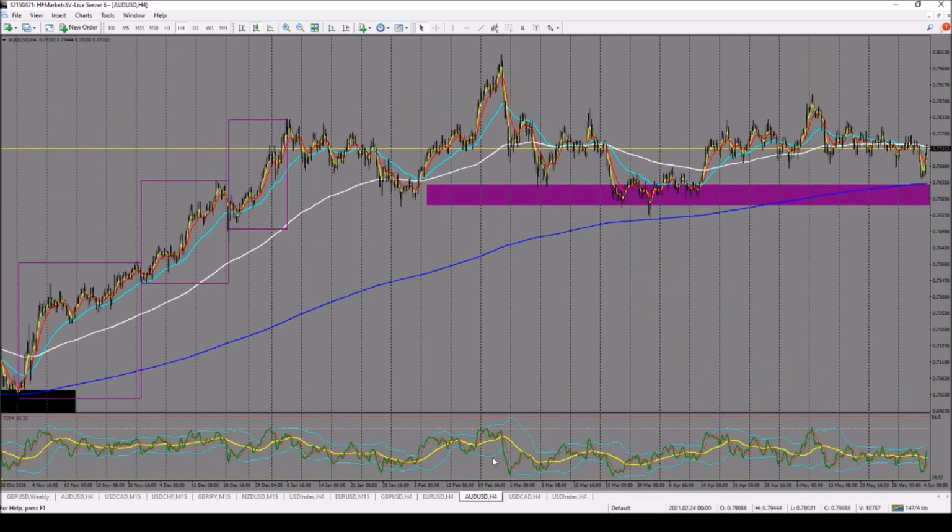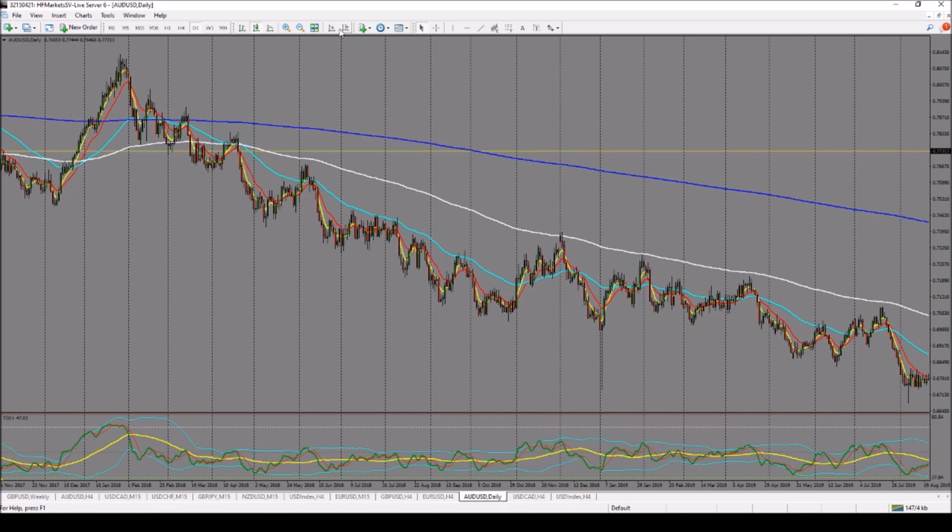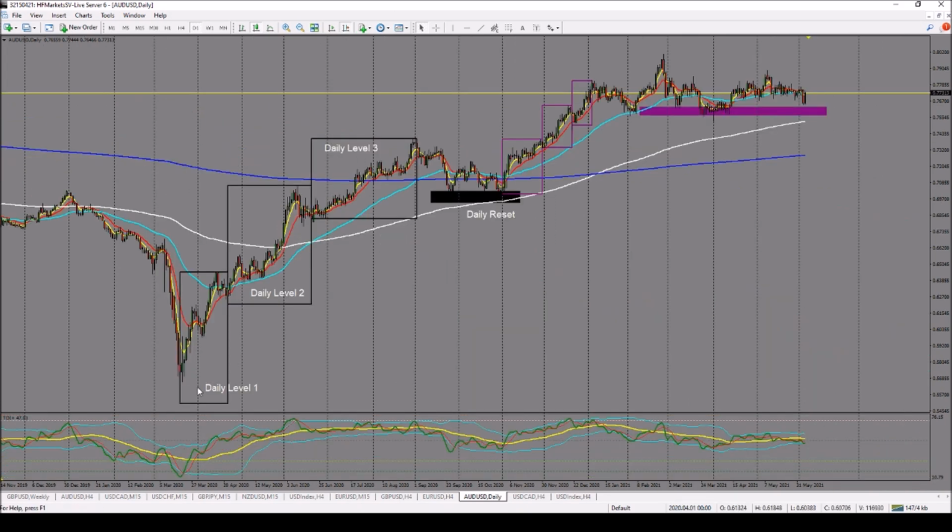Another pair is AUD against dollar, and we will start again on the daily time frame. On the daily time frame, we can see that we had the first level separated with a bounce on the EMA, the second level, then some consolidation, and the third level. Therefore, the cycle was now complete.